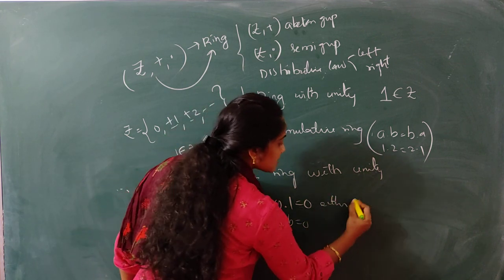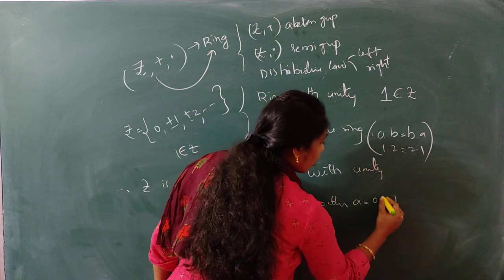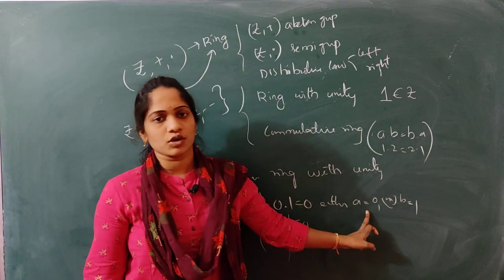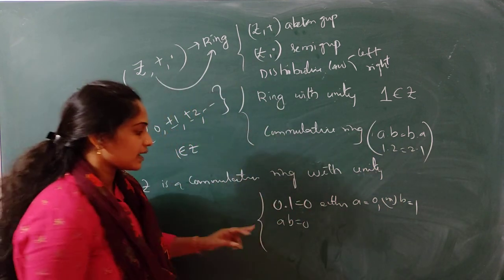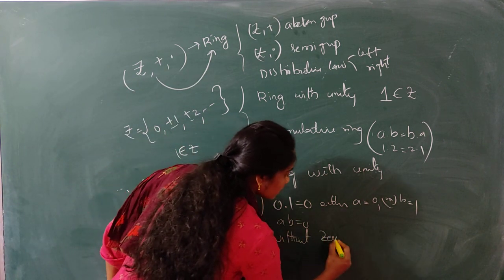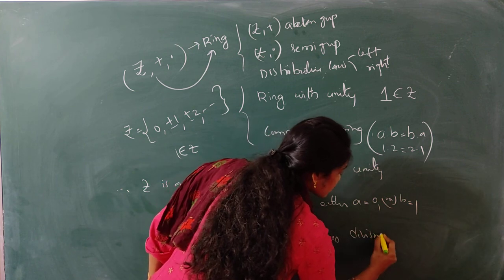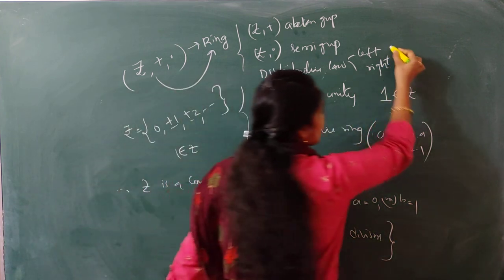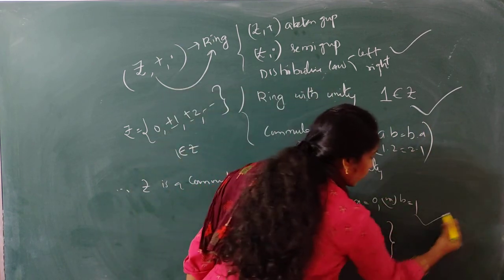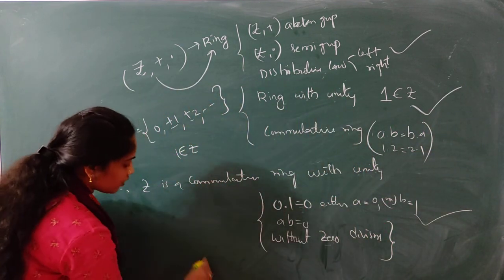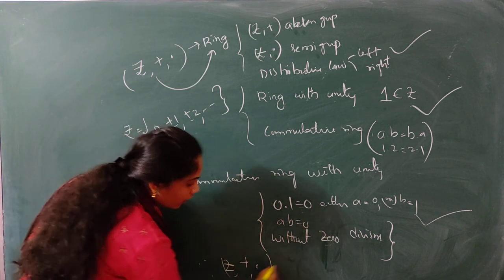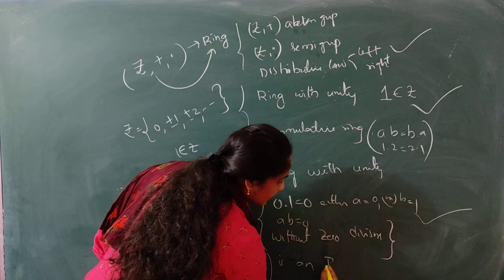Here what happens? Either A equal to 0 or B equal to 0. So any one of them is a zero element. Then you can say that it is without zero divisors. So it is a commutative ring with unity, and it is without zero divisors. Then the conclusion is that Z with respect to the composition plus and dot is an integral domain.